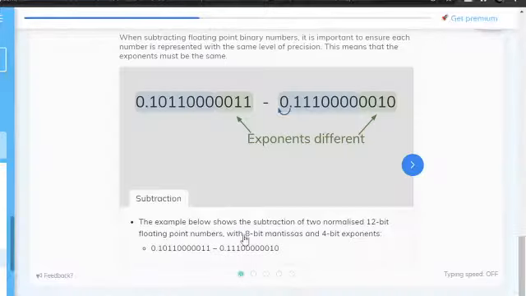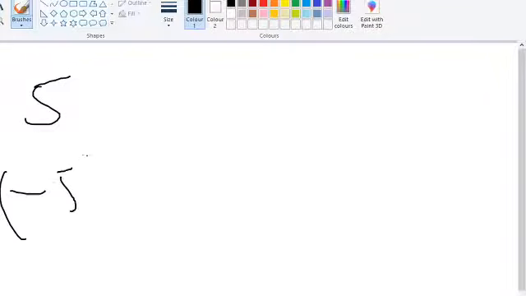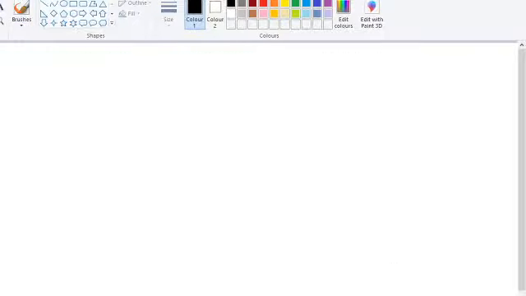Very simple. So subtraction. In binary subtraction, when you add two numbers, say 7, and when you subtract two numbers, minus 5, you're basically doing 7 plus minus 5. So in binary subtraction you find the negative of that value and you use that. Simple.